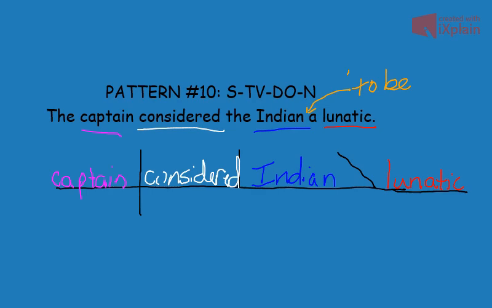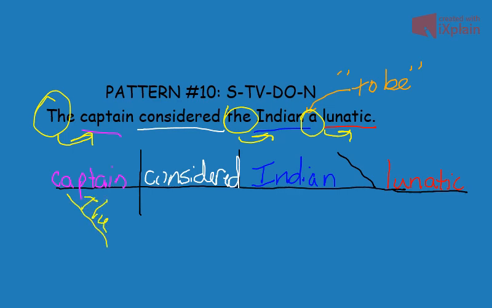So therefore, lunatic becomes the noun that is complementing Indian. And notice again that we can add to be between Indian and a. The captain considered the Indian to be a lunatic. So that's a little tip for figuring out 9 and 10, which are not very common.